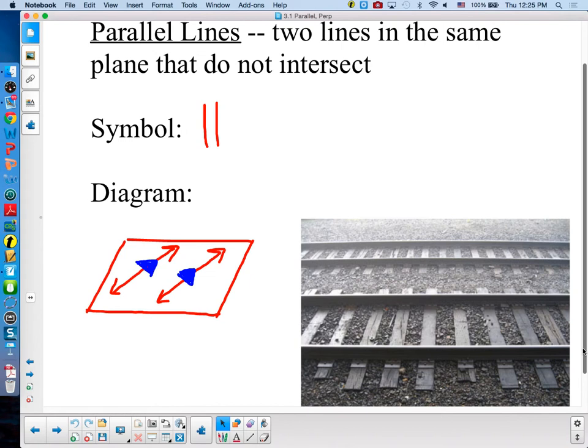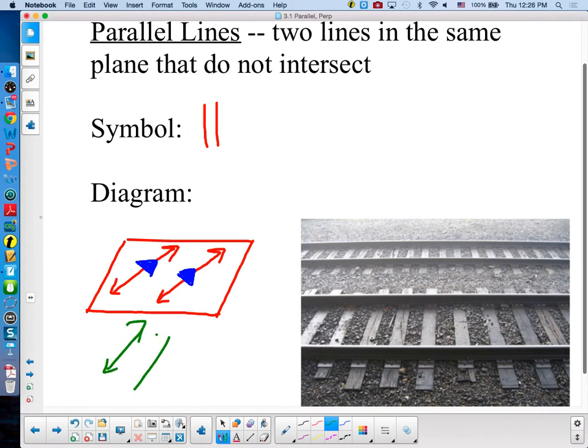And in a diagram, if there's a picture and I want to show that there are parallel lines, this blue arrow, it could be any color you want, but that arrow that's on the line rather than at the end of it, that indicates parallel. It could be that the drawing doesn't have a triangle kind of arrow.